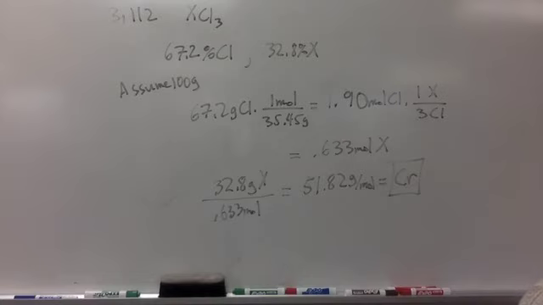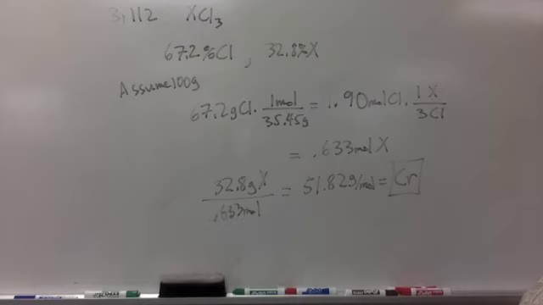Now, recognizing from the chemical formula that XCl3 has 1 X for every 3 Cl's, that means I have 0.633 moles of X. Now, using my relationship that molar mass equals grams over moles, I take the 32.8% X and I say, well, that would be 32.8 grams because I'm assuming 100 grams.